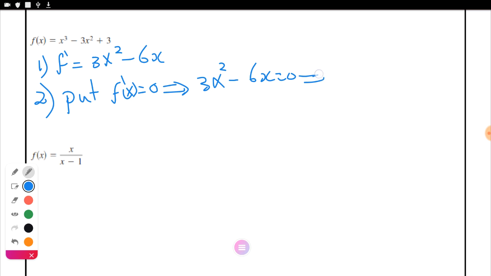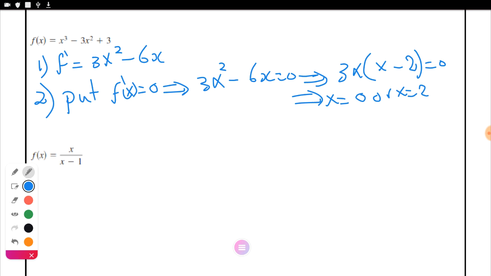By factorizing, or you can use the calculator, 3x is a common factor. Divide each term, it will be x minus 2 equals 0. This implies x equals 0 or x equals 2. Okay, I have two values.